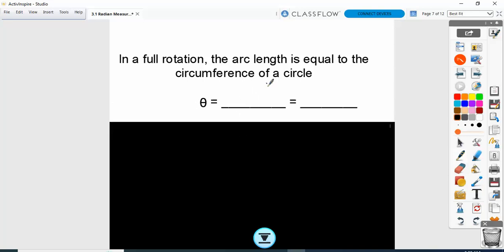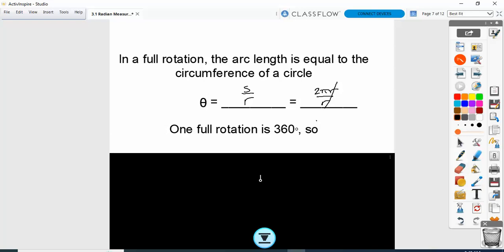So your angle, which we know is S divided by R, will be the circumference. What's the circumference of a circle? Does anyone remember how to find that? Pi times the radius or something. 2 pi times the radius, yeah. Circumference is 2 pi R divided by R. And what's going to happen? The R's are going to cancel out.